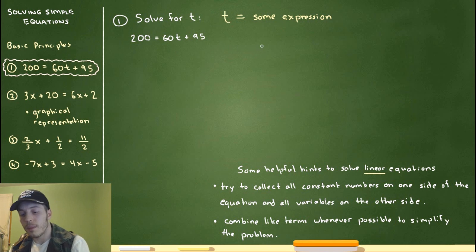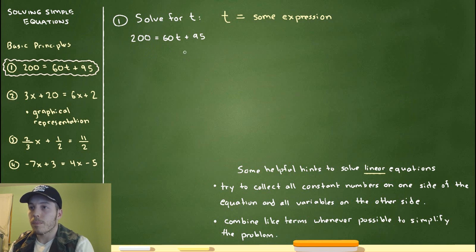Sometimes you may be able to do these in your head, but when you get to more complicated equations, it's much harder to do. And these may look simple, but the idea is just to introduce you to how we can go about solving equations in general. These hints and strategies are true for much more complicated equations than this too. So you're going to be using this throughout your math career.